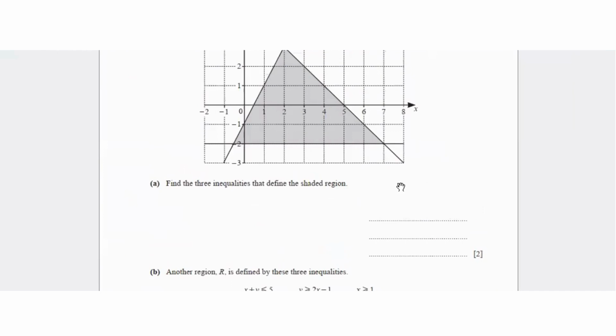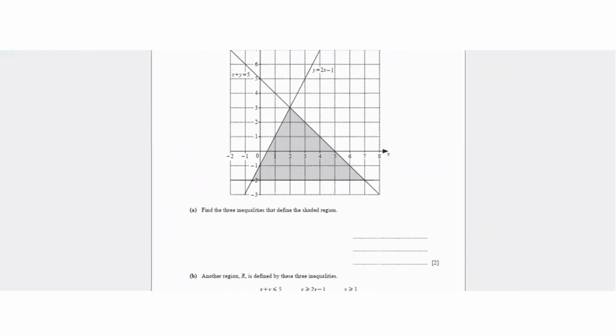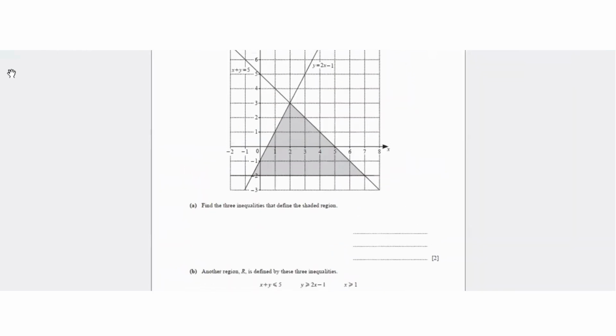So let's see what these are. x plus y is less than or equal to 5. That's the same area that we already have, which is this one. Then y is greater than or equal to 2x minus 1. That's going to be above it.